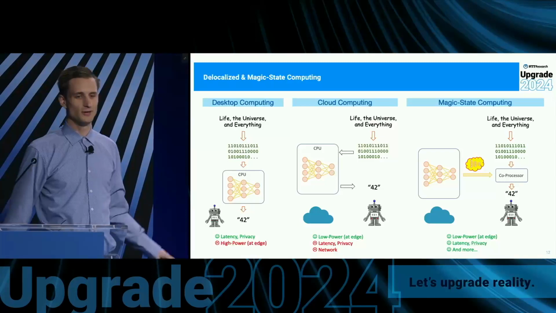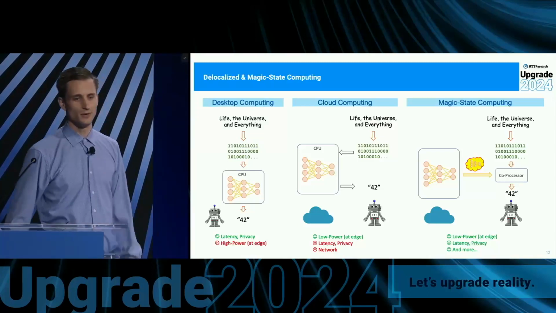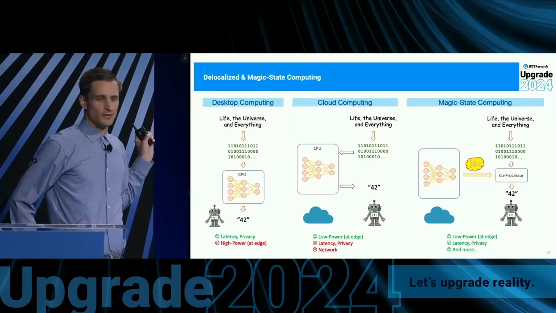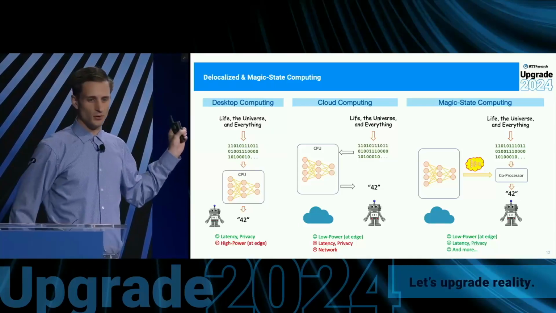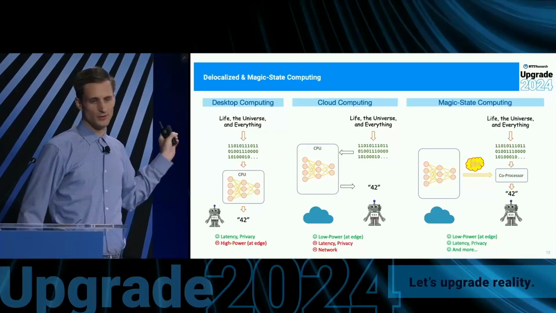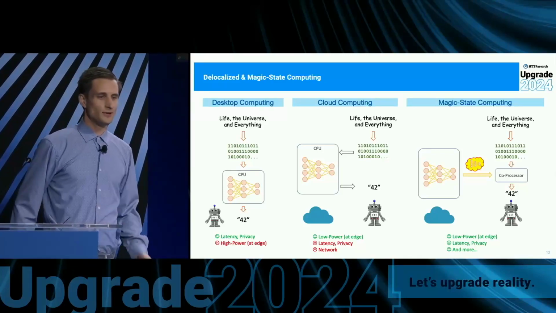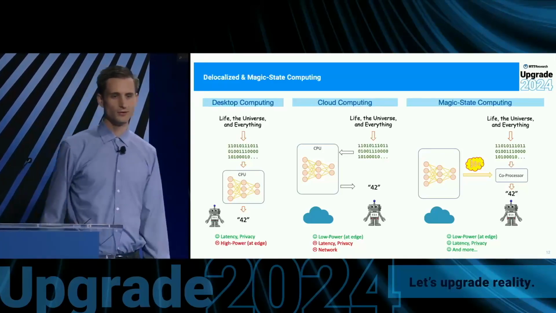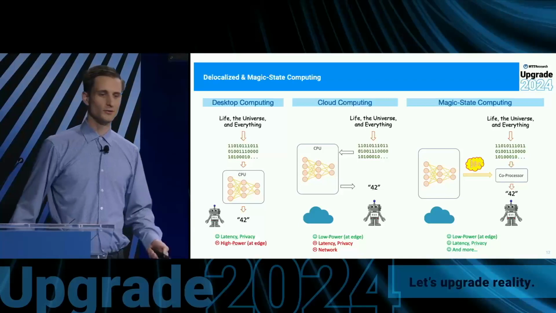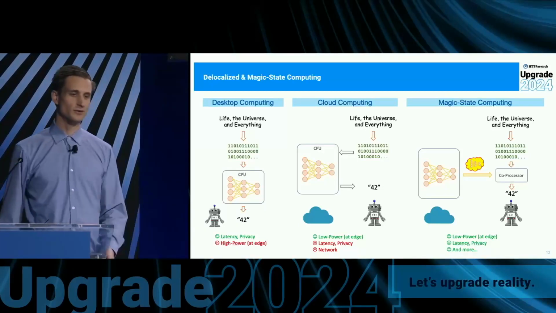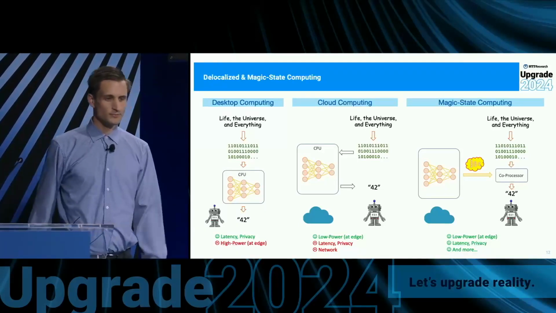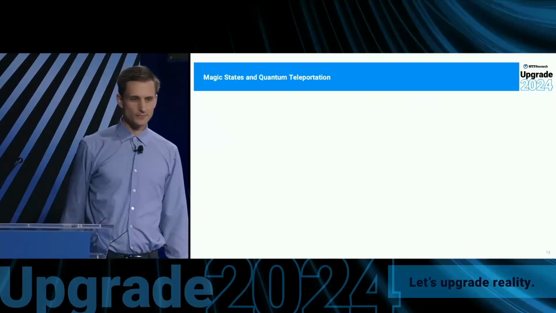We like to call these magic states. It comes from some quantum background, but the idea is that if you have this magic state that encodes your algorithm, in this case the weights of your neural network, you send that to the user, and then in combination with a coprocessor, that user is able to process data locally without the latency and privacy issues of cloud computing, but also with low energy.